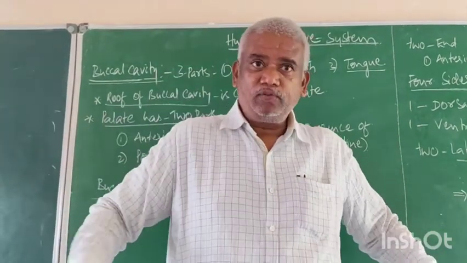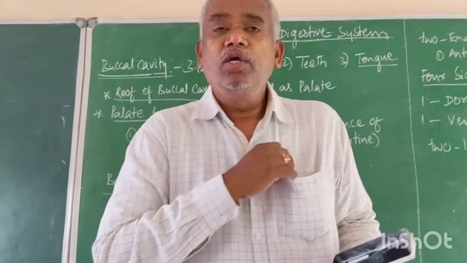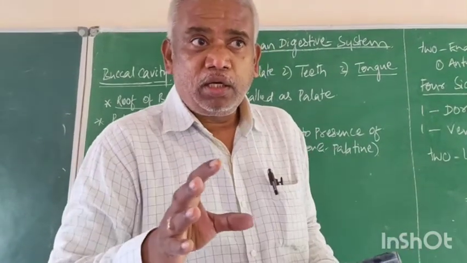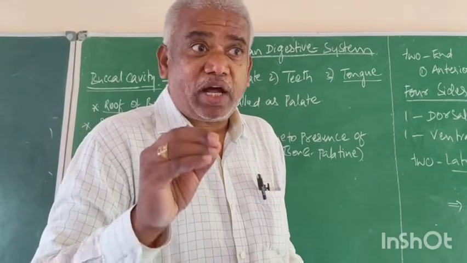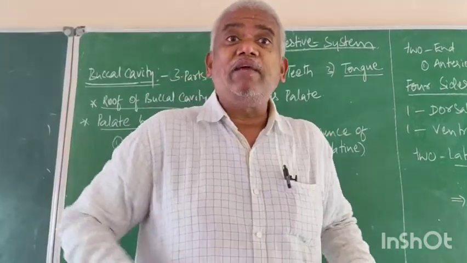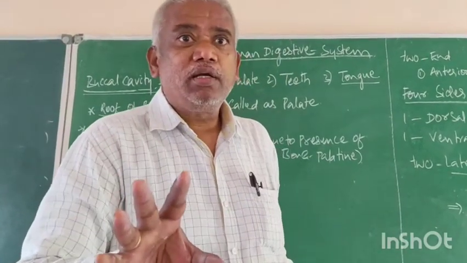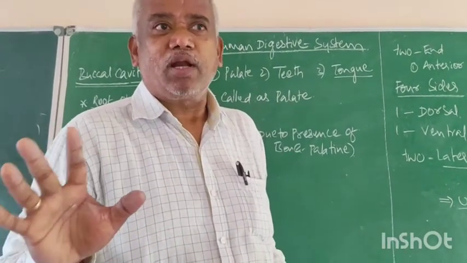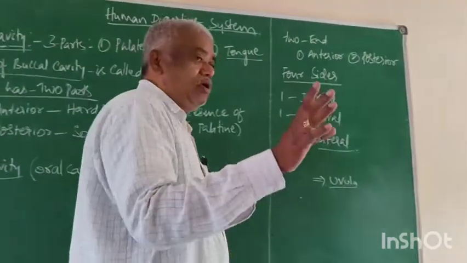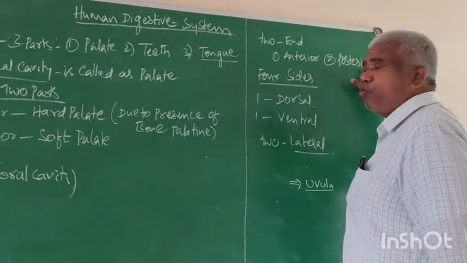Now this is the body, now it is the pen: anterior, posterior. This is the basic thing. Every student must know the names of the ends and the names of the sides. Without this, you cannot understand biology. First of all, two ends: anterior, posterior.